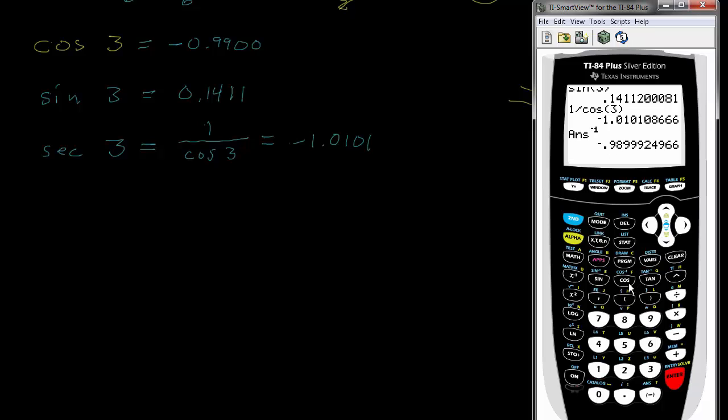If I say, what's the cosine of 3? I get this value. If I want the secant, its reciprocal, I can just press the reciprocal key, and I get this. That is the secant.